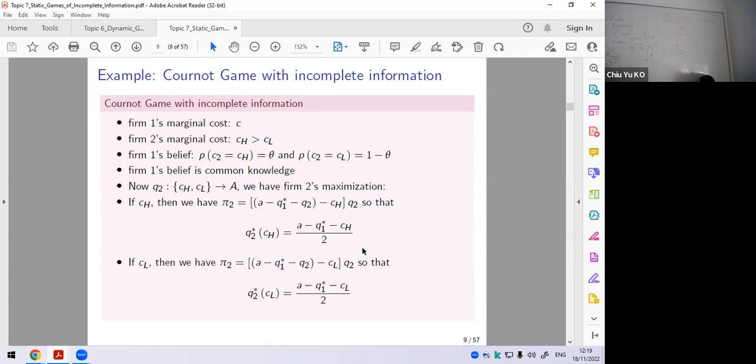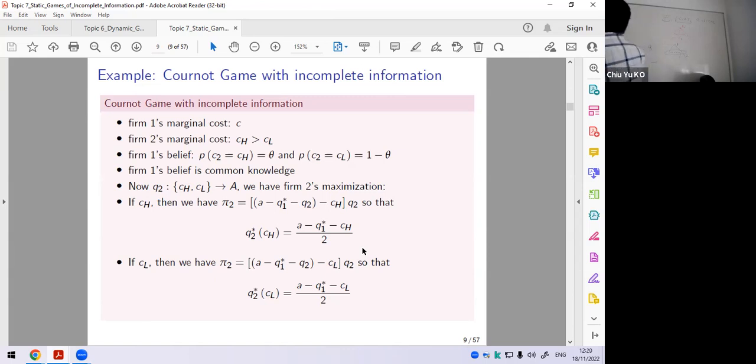Maybe let me draw the diagram, maybe it's easier to understand. Let me do it quickly. So, like this. Hope you still remember this, Q1 and Q2 here.